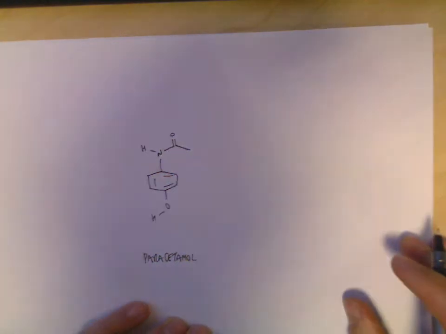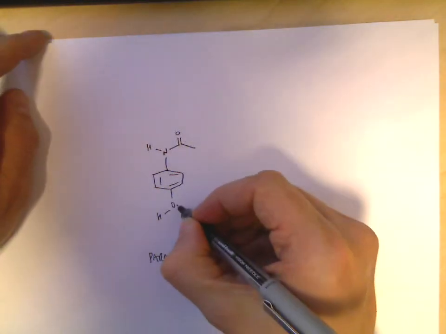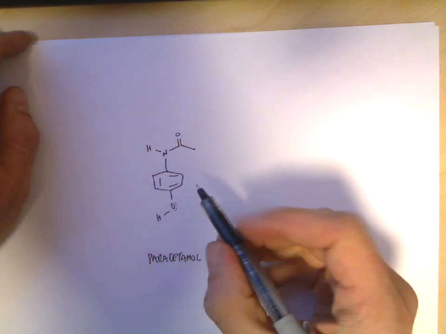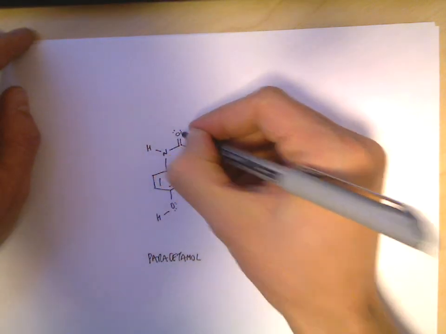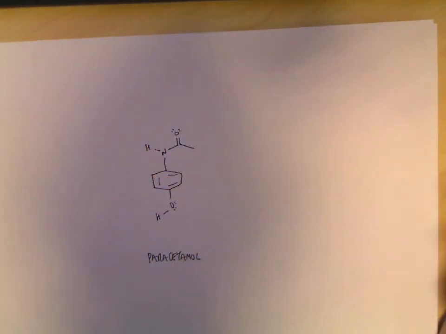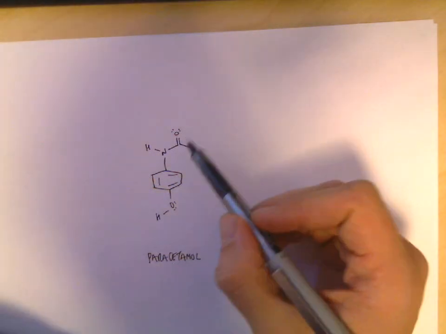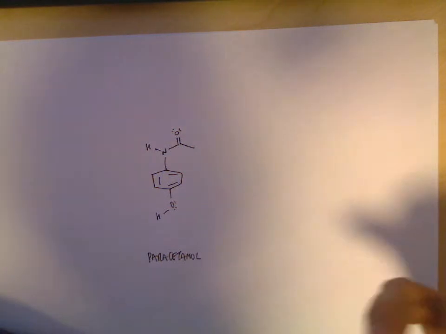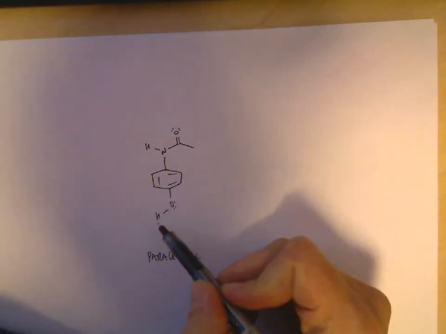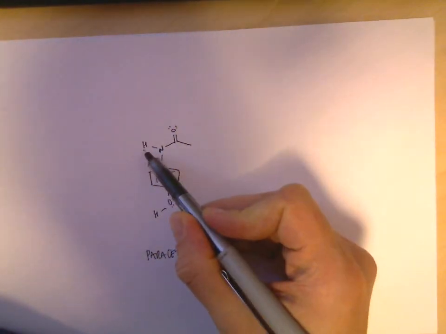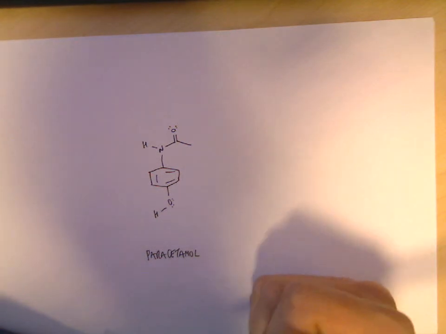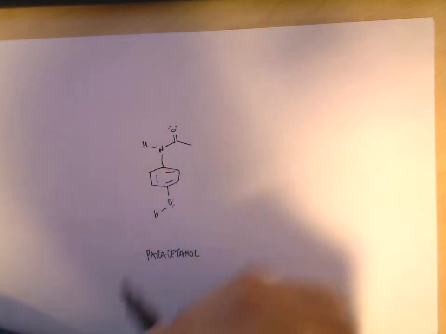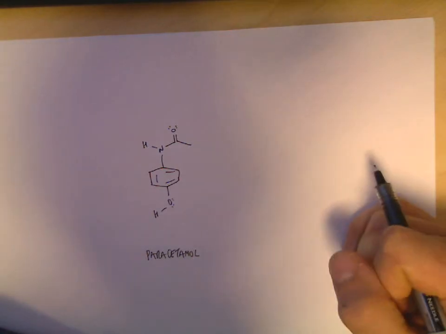Then if you look at the drug, you can see that you've got areas where you have electron density. So for example, you have a lone pair of electrons on oxygen which could act as a hydrogen bond acceptor. You have a hydrogen attached to either nitrogen or oxygen which could also act as a hydrogen bond donor, and you have areas of alkyl parts which could undergo van der Waals interaction.